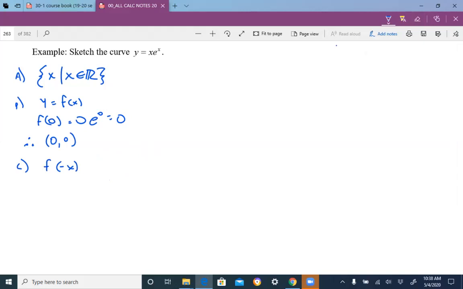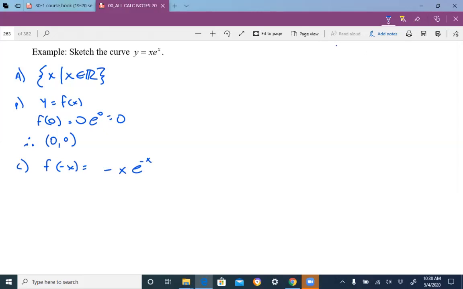All right, so f of negative x is equal to negative x e to the negative x. And therefore, there's no symmetry with this. There's nothing really we can do with this to make it look like either.